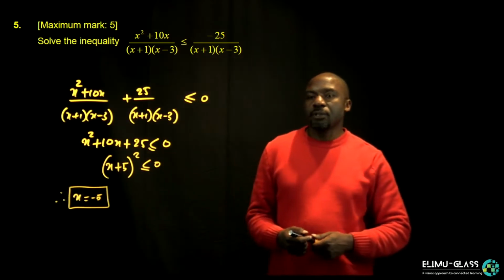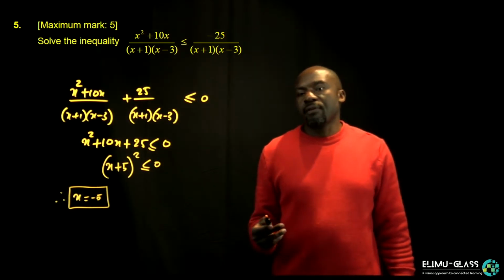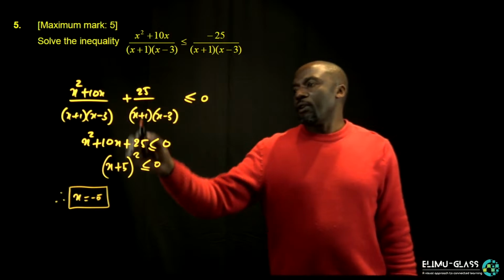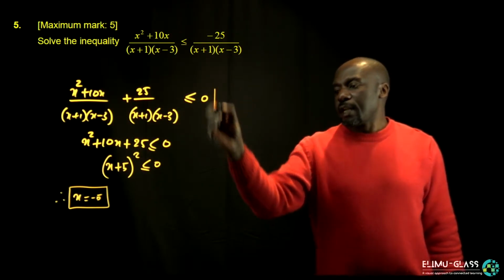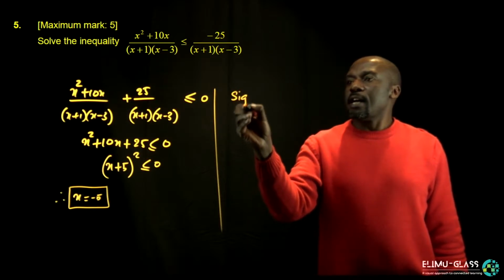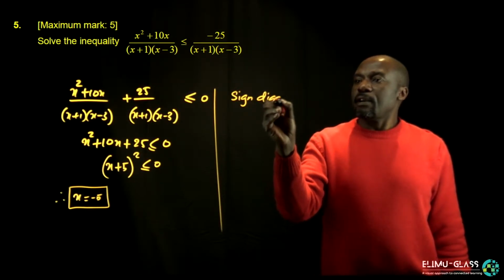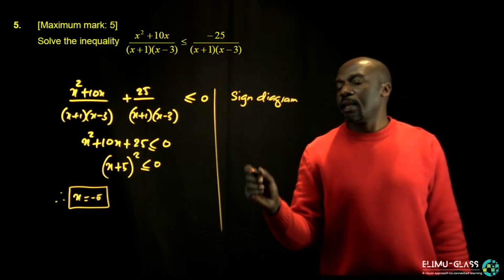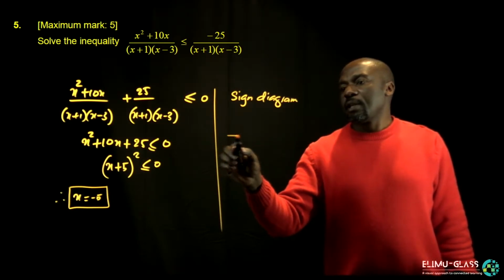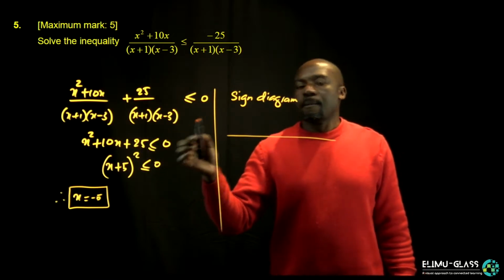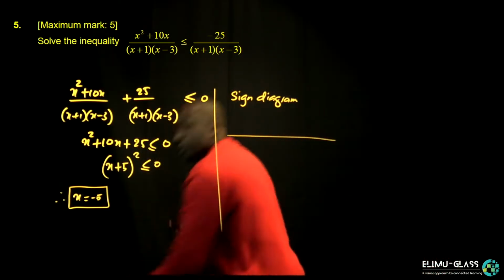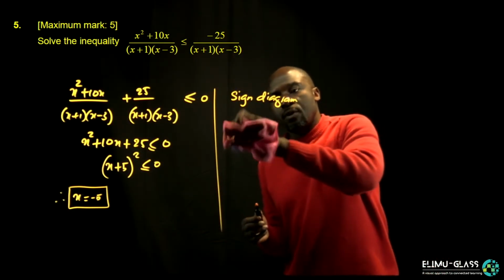But the next thing we want to do is to then draw what we refer to as a sign diagram for this function here. So the next thing is to do a sign diagram. So first of all, looking at this expression, let me write the whole expression, and then we do a sign diagram.